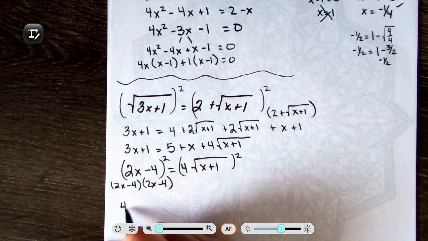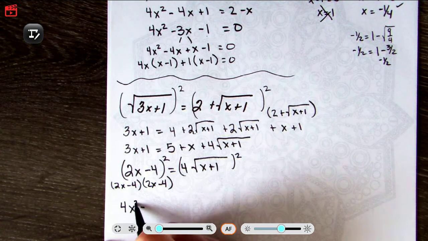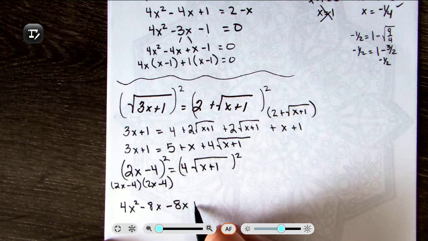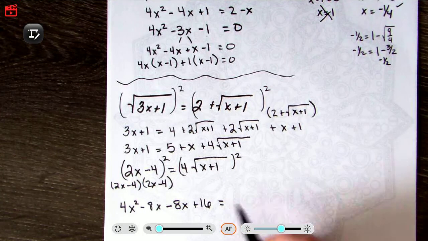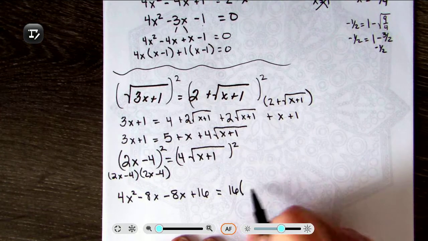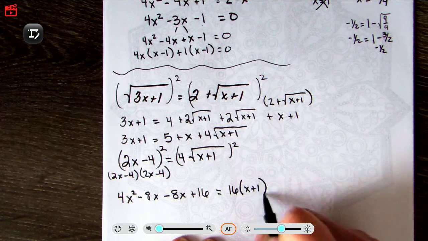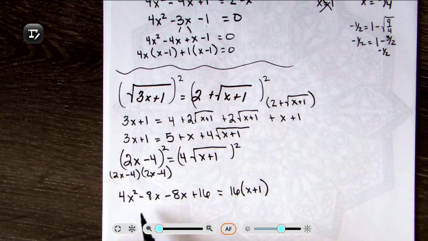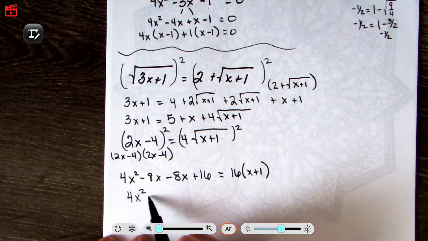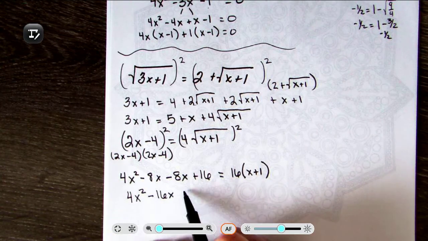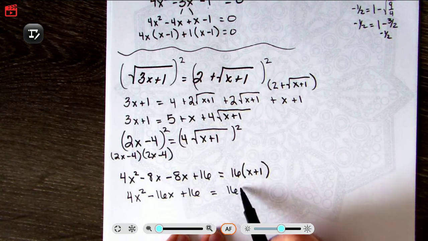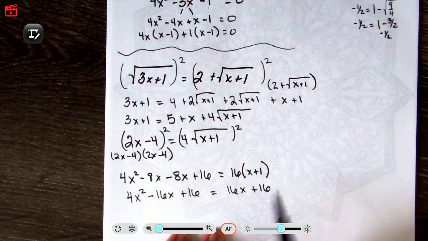So 4x squared minus 8x minus 8x plus 16. Here, squaring both pieces will give me 16 times x plus 1. Combining some like terms, 4x squared minus 16x plus 16 equals 16x plus 16.